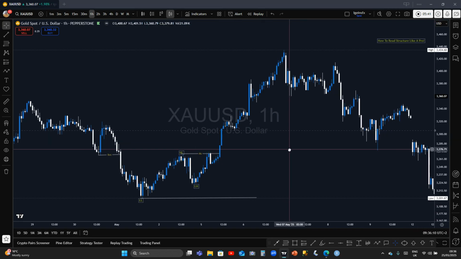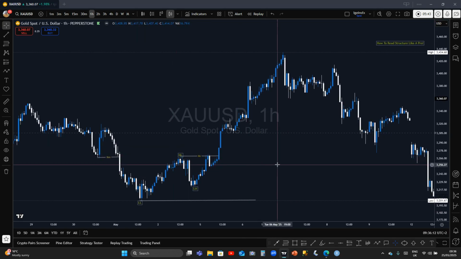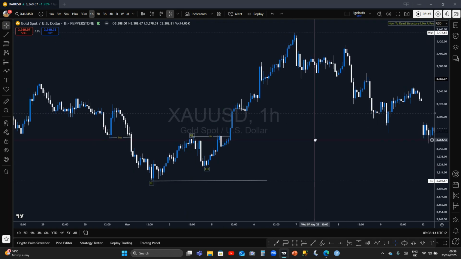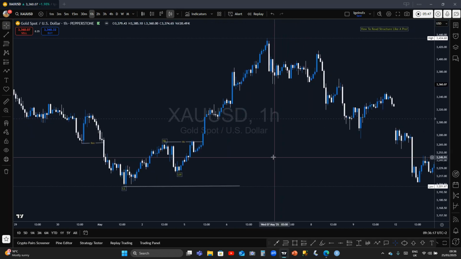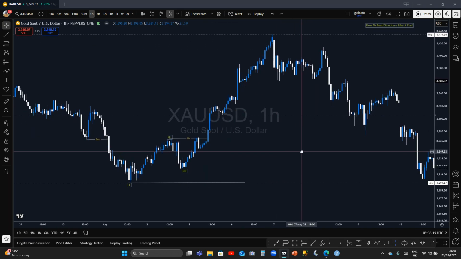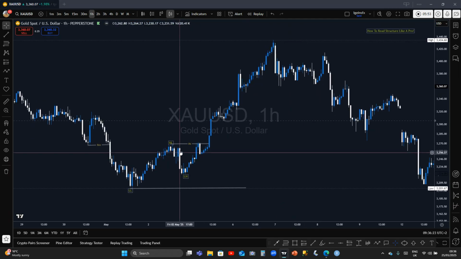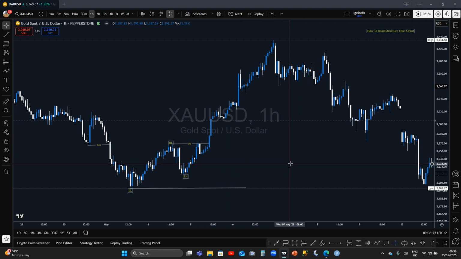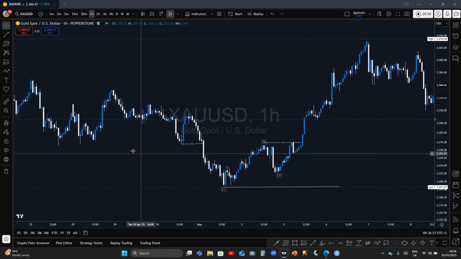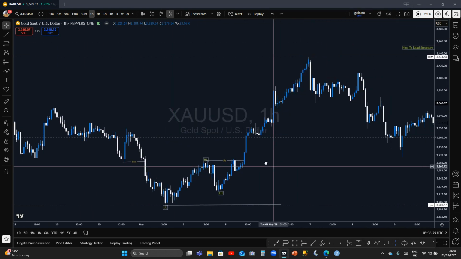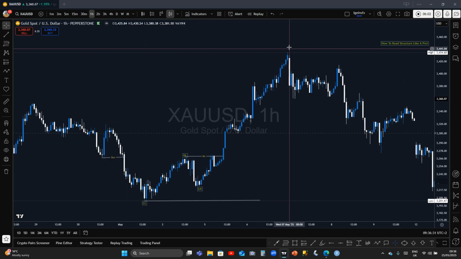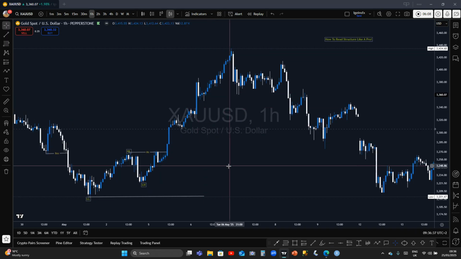Before that happens, there must be what we call market shift. When you hear the word change of character, it is the same thing. A market shift simply means a bearish trend is now changing to become bullish, or a bullish trend is now changing to become bearish. You will see it in a moment.